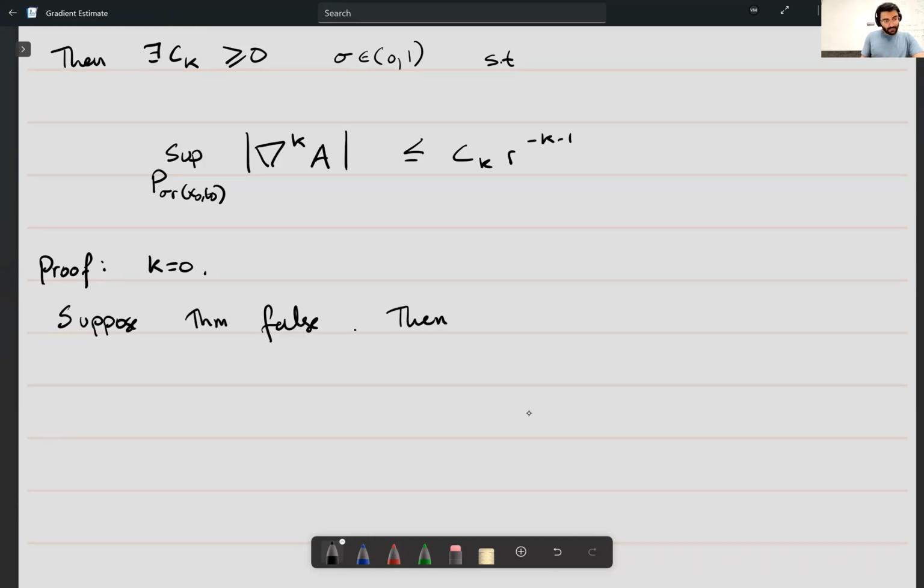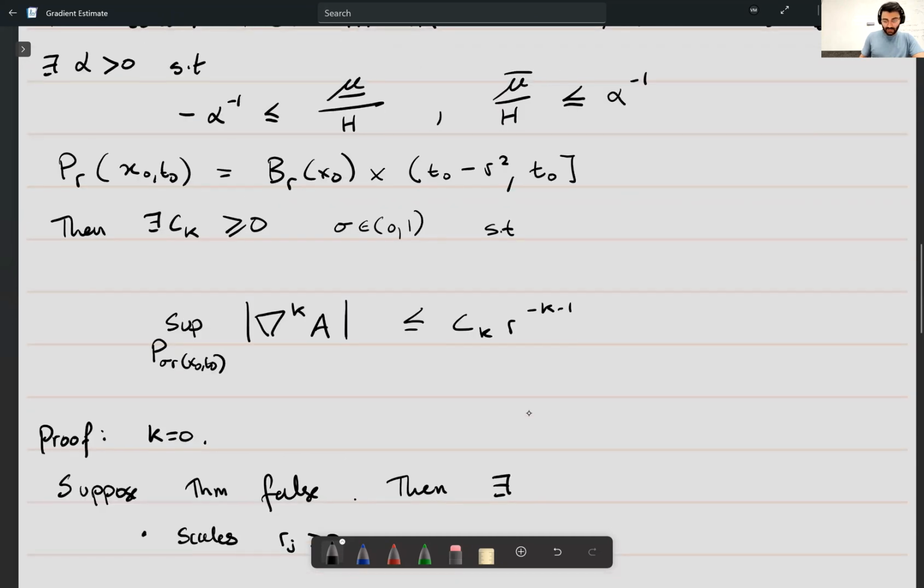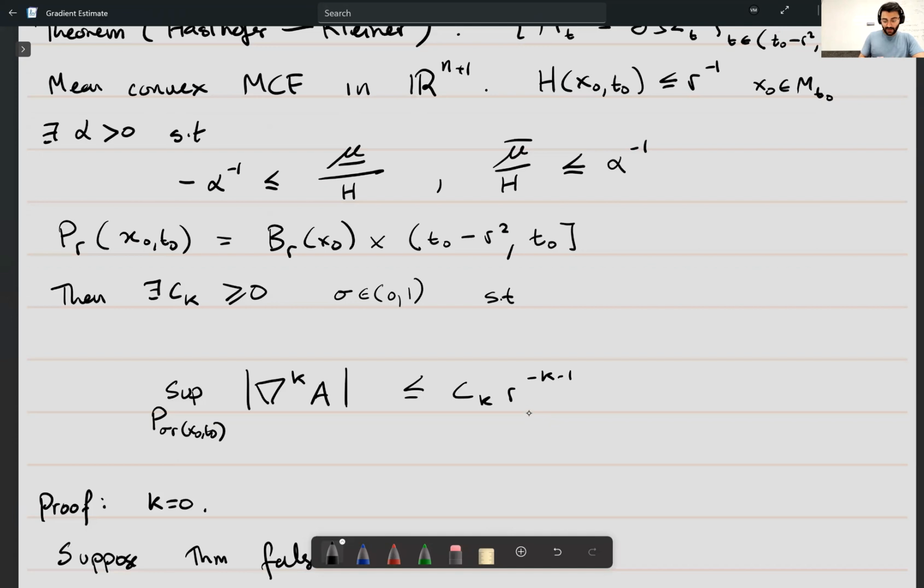Then we can find a sequence of mean curvature flows that have the following properties. There's a bunch of scales rj greater than 0. So we just need to find the correct statement here.